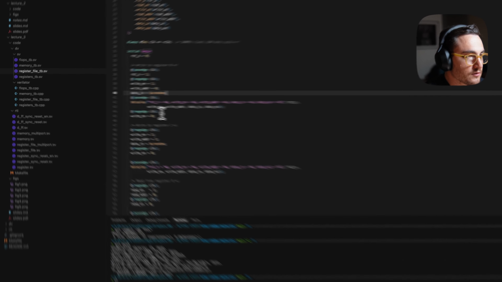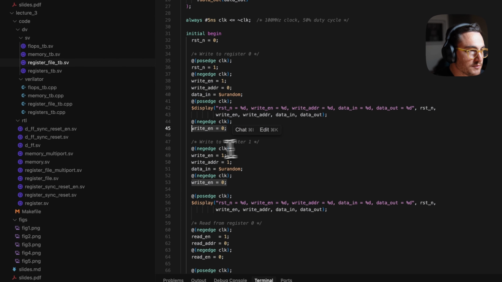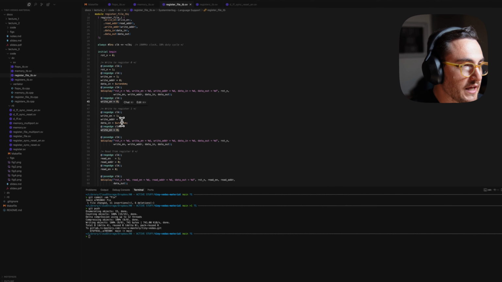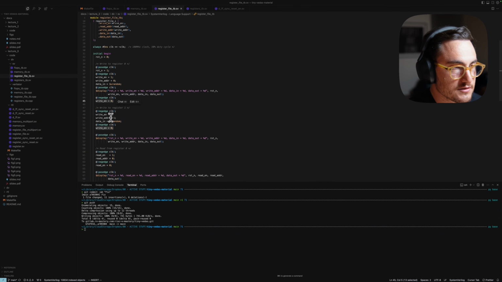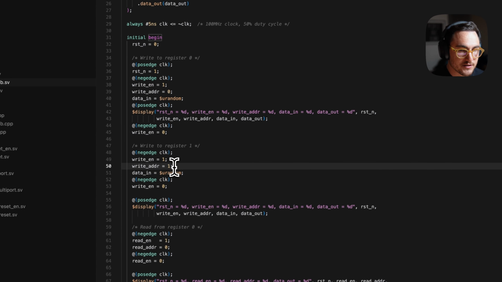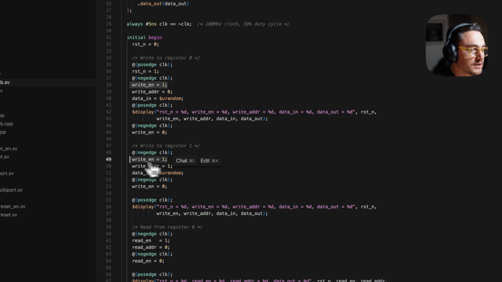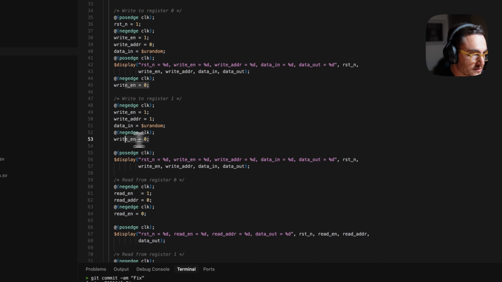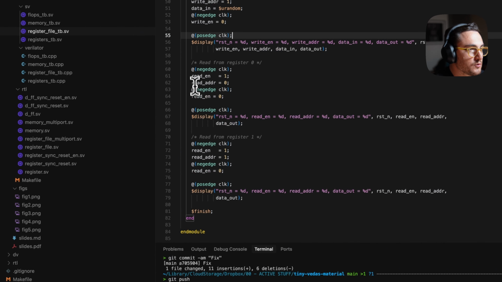After 1 clock cycle, we deassert the write enable, and then we issue another transaction, another write transaction, this time to the first register. So address number 1, we write 1 and we deassert the write enable, and then we issue 2 read transactions, one for the 0 read address and another one for the 1 read address.